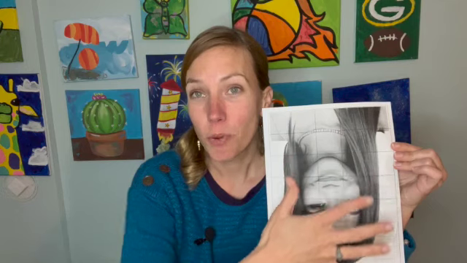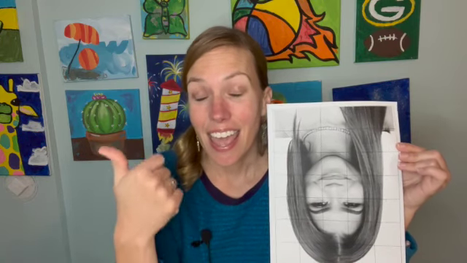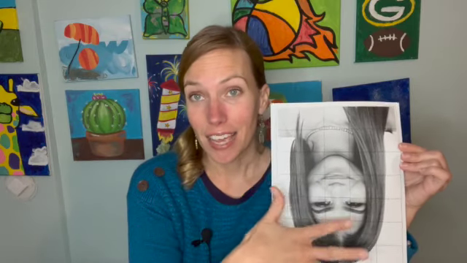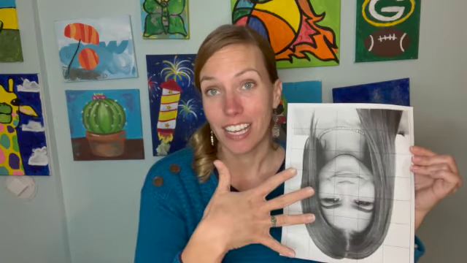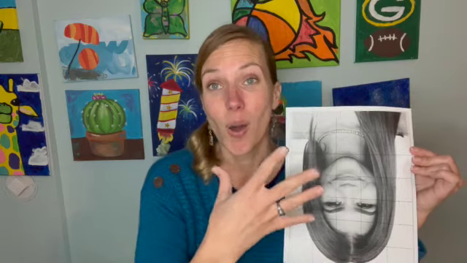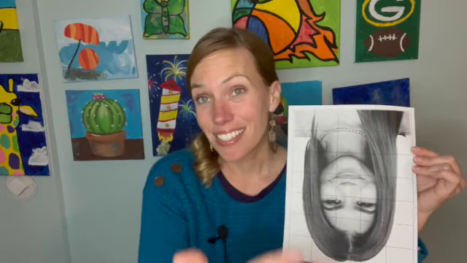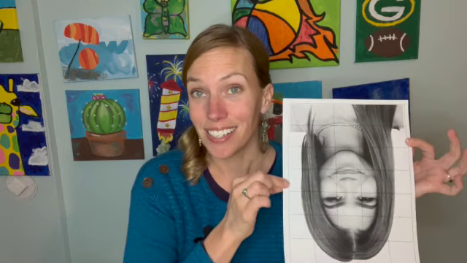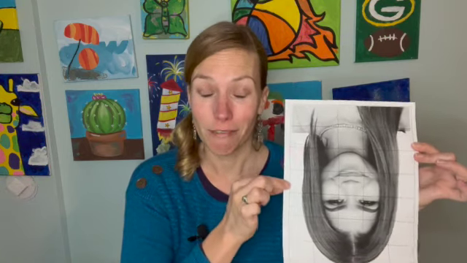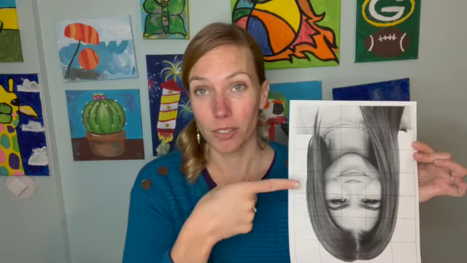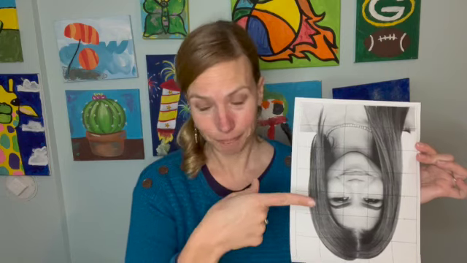It helps me focus on the lines and the shapes and the values that I am using in my drawing, instead of, does this look like whatever I'm trying to draw, whether it be a portrait of a person or an animal or a still life or whatever else. So I find drawing whatever it is upside down to be very, very helpful. And I encourage all of my students to do this whenever we are using the grid technique.